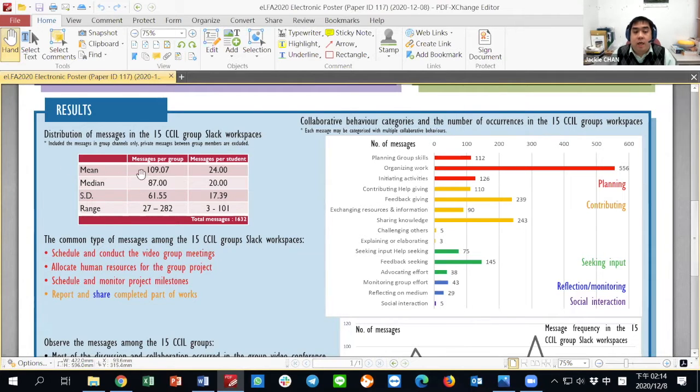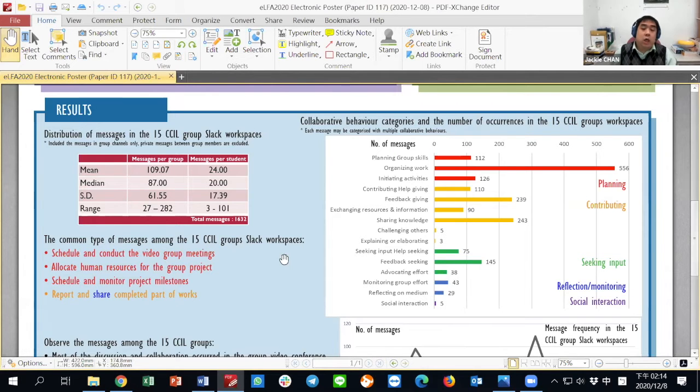The mean is about 100 messages, and each student sent out about 24 messages, with the median, standard deviation, and range. The lowest group had 27 messages, or 3 messages per student, which means that group most likely swapped to another platform such as Skype or WhatsApp once they knew each other.